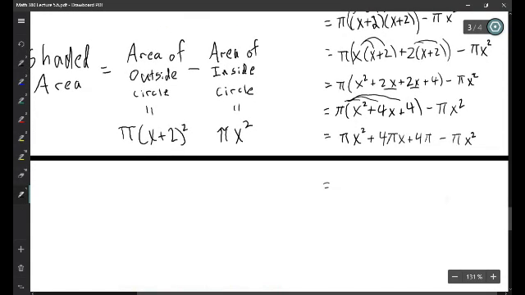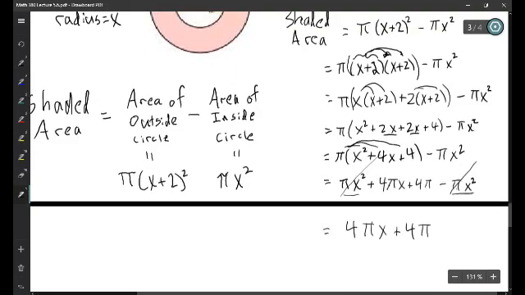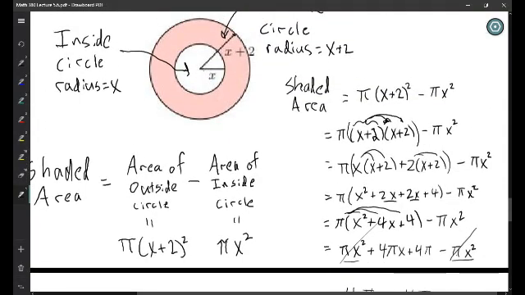And notice that these are like terms. And they cancel because they have additive inverses for coefficients, pi and negative pi. So we have 4 pi x plus 4 pi. What is that? Well, depending on what x is, that's this shaded area here.